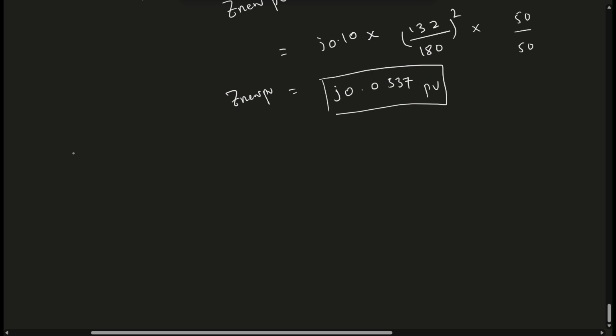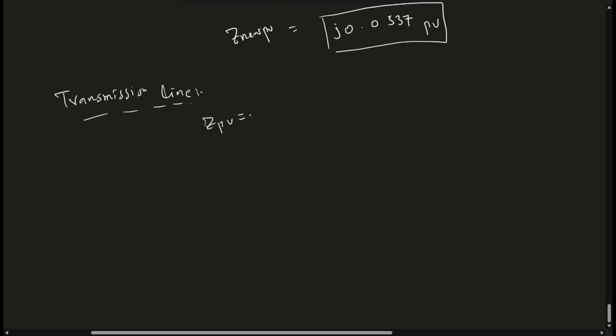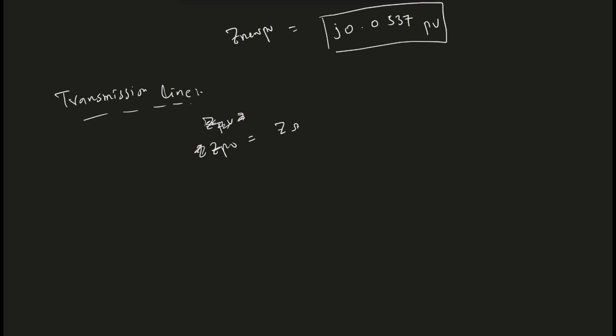So the next thing is the transmission line. We will be using Z per unit equals Z ohm times SB by VB square. This formula we have already discussed in the previous lecture.